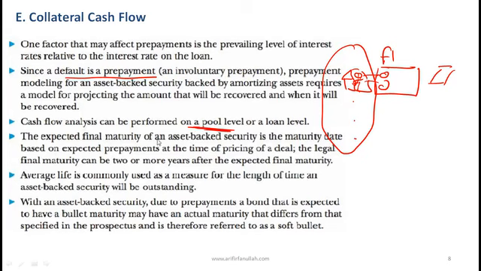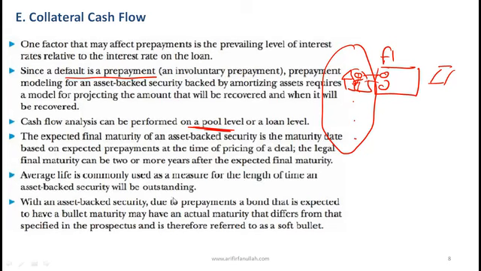The expected final maturity of an asset-backed security is the maturity date based on expected prepayments at the time of pricing of a deal. The legal final maturity can be 2 or more years after the final maturity. All this is saying is that the maturity of an asset-backed security can be different from what is initially expected. The average life is commonly used as the measure for the length of time an asset-backed security will be outstanding.